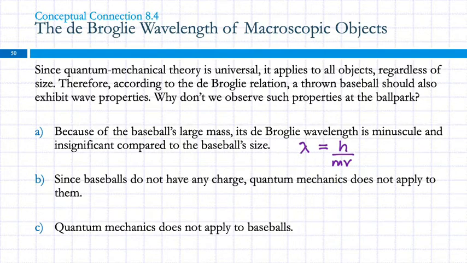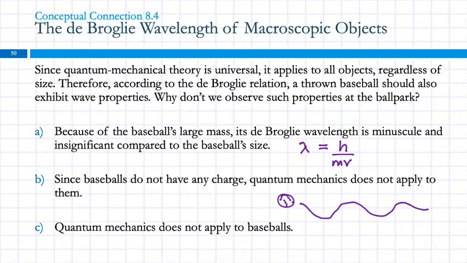Makes it really small. So, if a baseball is 2 inches across, and its wavelength is like 10 to the minus 15 meters, would you be able to see the wavelength? No.